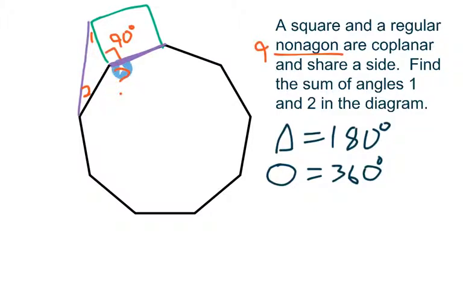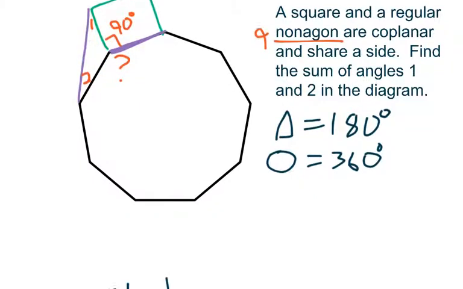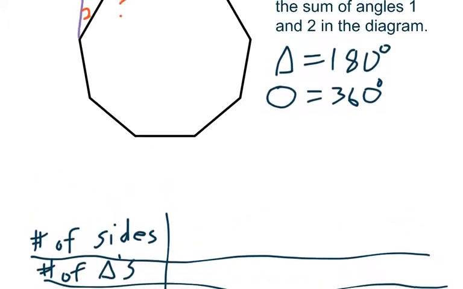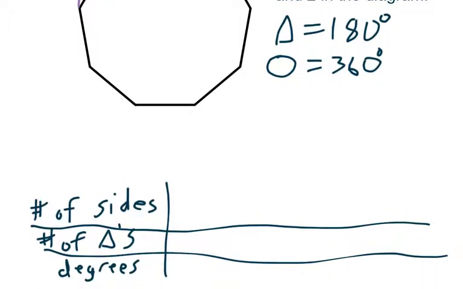Now, how do I find this angle? Well, let's see if we can find a pattern. Let's say we had a triangle, a three-sided figure. A three-sided figure creates one triangle, and I need to know that that's 180 degrees.